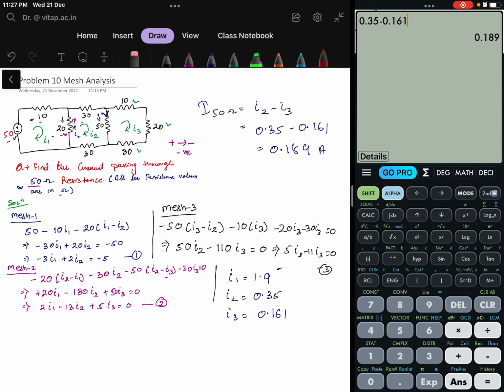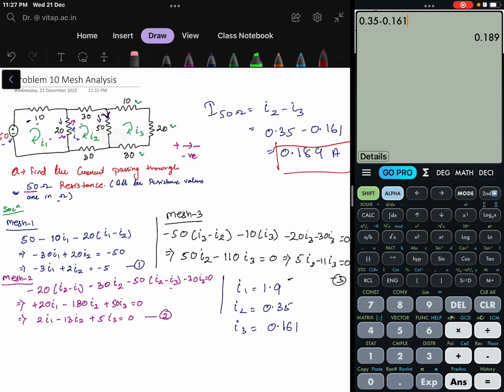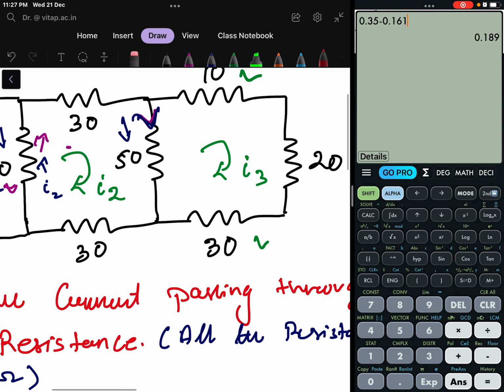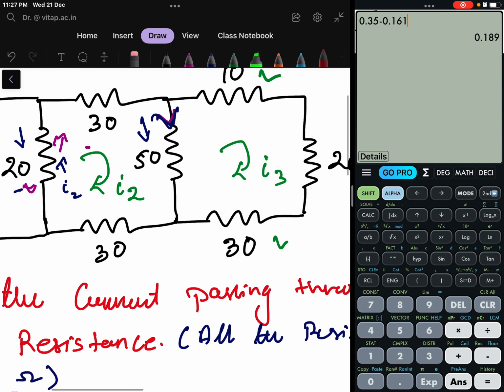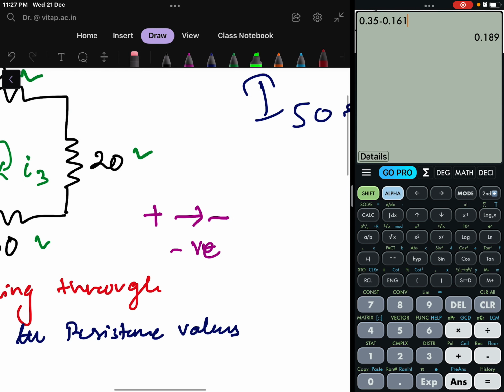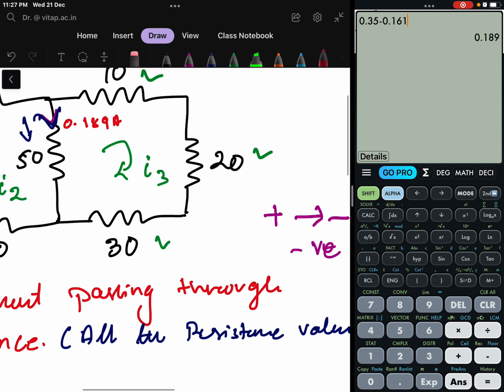So this is your answer, and this current is flowing in the 50 ohm resistance. What is that value? 0.189. This much ampere of current is flowing in the 50 ohm resistance.